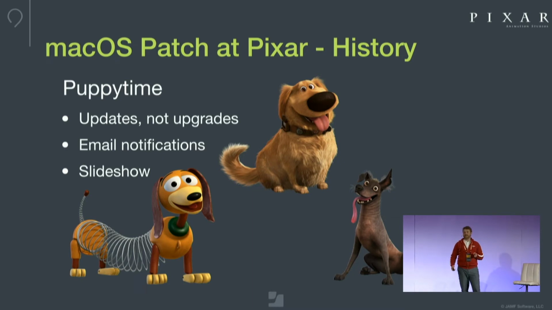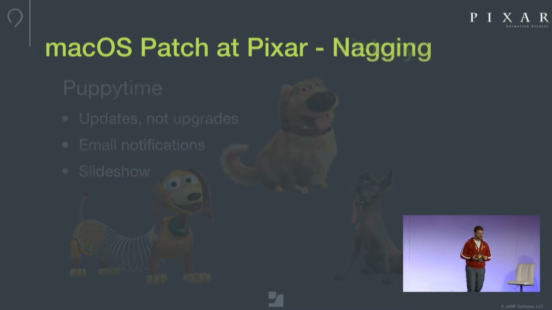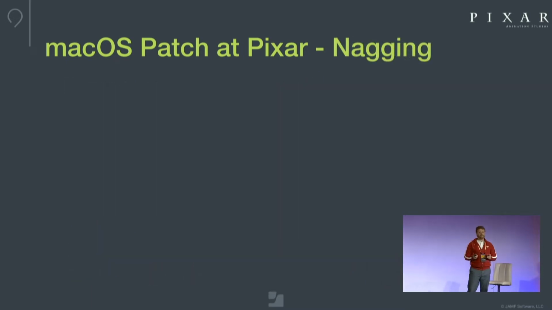And I will say that in some ways, well, I'm going to get to this in a moment. Apple made some changes at 10.13, where now the OS updaters run in their own installer environment, and so we no longer have any kind of hooks while these updaters are running in the console session. So we can't put up a slideshow of puppies while you're installing the 10.13.6 updater.